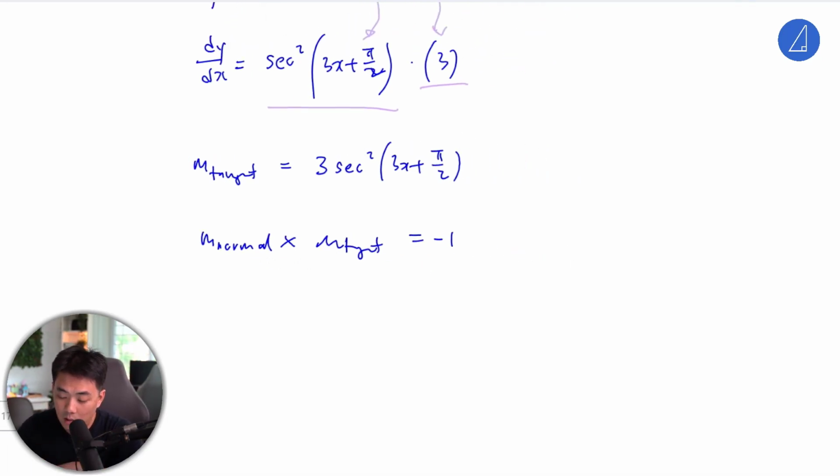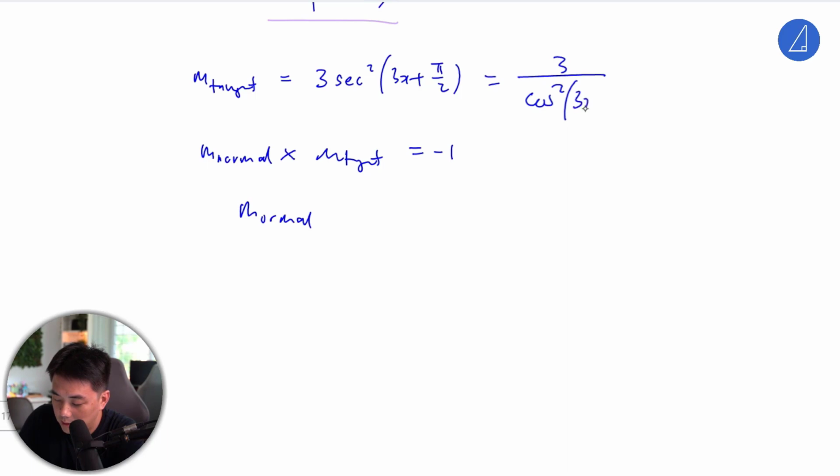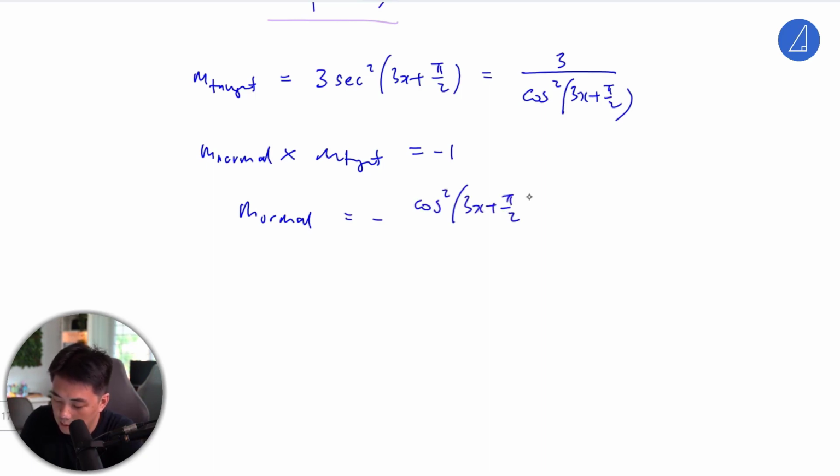Then what we could do is take the reciprocal. M normal would then be, this could be written as cosine square of 3x plus pi over 2, over 3. Taking the reciprocal is quite okay. So m normal will be negative cosine square of 3x plus pi over 2, over 3.